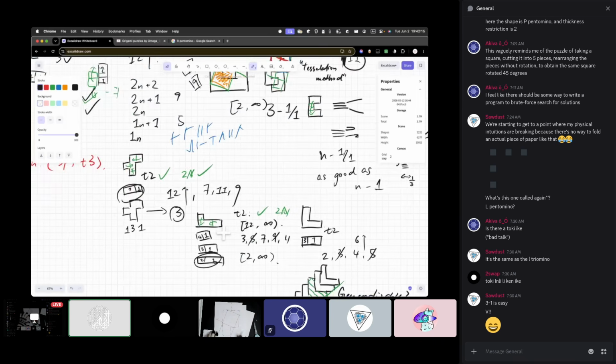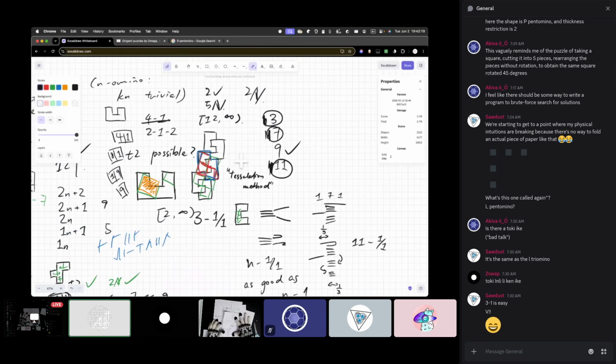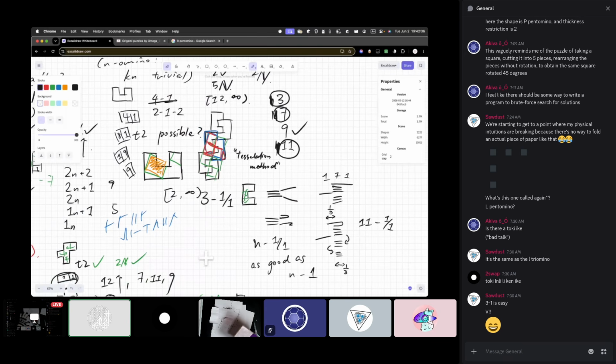Some of these require reflections and some of these don't. Like for the U pentomino, we had to use the reflection. I think of rotation and reflection as both being changes. I think no, there are no reflections involved here. This is a rotation by 180 degrees, if that's what you're asking.